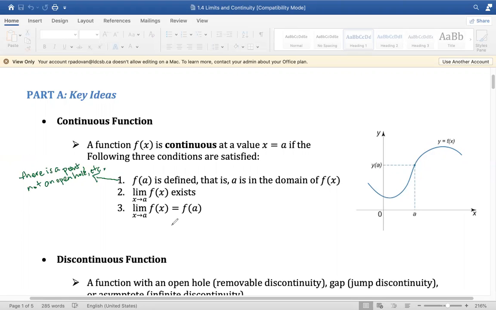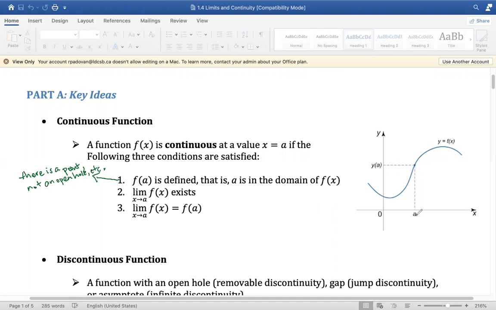For the third and final one, the limit as x approaches a of the function is equal to f of a. What I mean is that if I'm looking at the limit from either side, it exists and I have the same y value, and that would be equal to the same as if I actually looked at exactly a. F at a, not a limit, is equal to what y value at exactly that value of a?